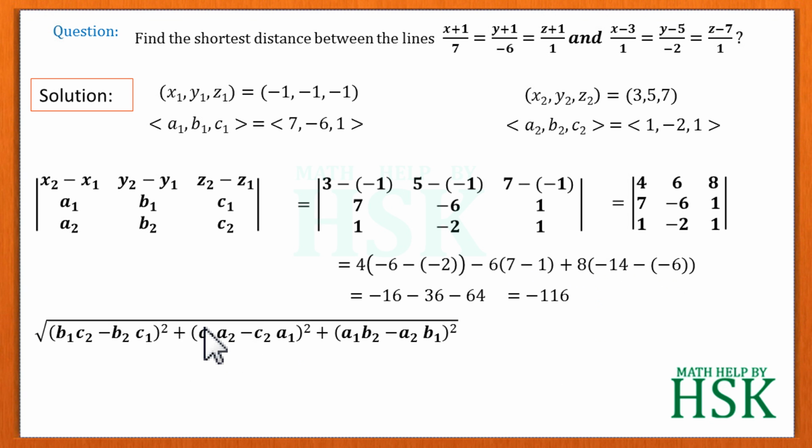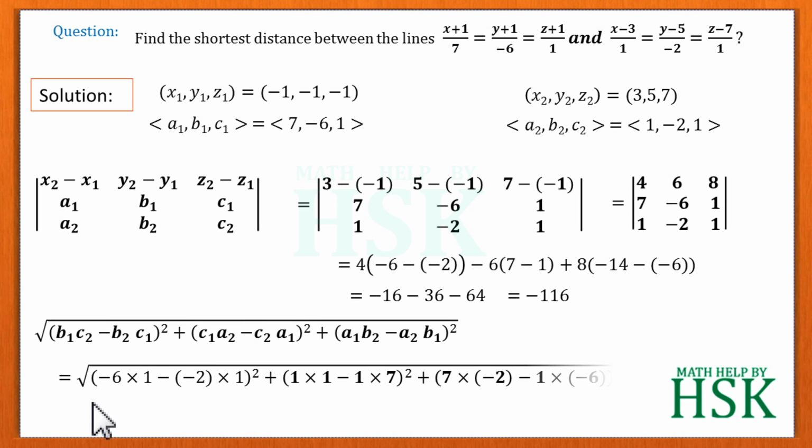So what we have to do is just place the values. This will be equal to (-6 into 1 - (-2) into 1) whole square, and so on. You can see b1 as -6, c1 is equal to 1, b2 is equal to -2, and c2 is equal to 1. Similarly we are going to place the respective values of c1, a2, c2, a1, and a1, b2 and a2, b1 to get the expression like this.